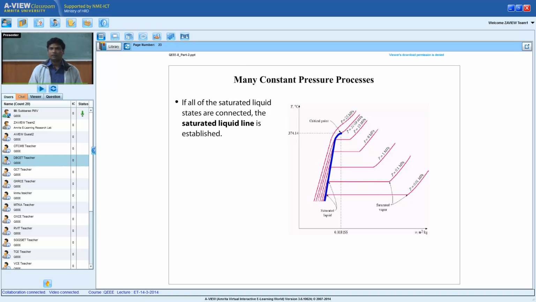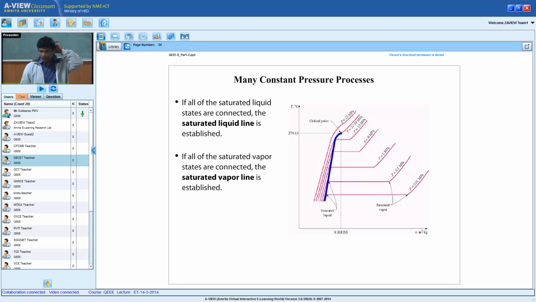The people wanted to understand this particular one. So if all the saturated vapors are connected, this is called a saturated vapor line. I am joining it with a red line. Every substance has its own dome, called the vapor dome. What is the dome?